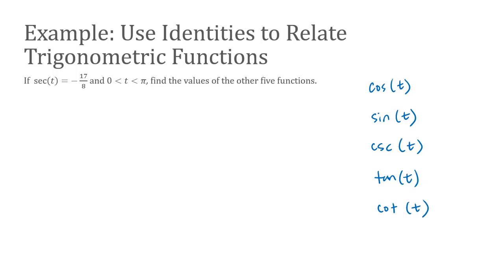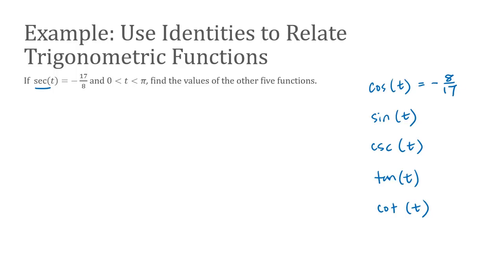And I started with the cosine of t because secant was given, and secant and cosine are reciprocal functions. So if secant is -17/8, then cosine is -8/17. Still both negative because reciprocal doesn't change the sign.